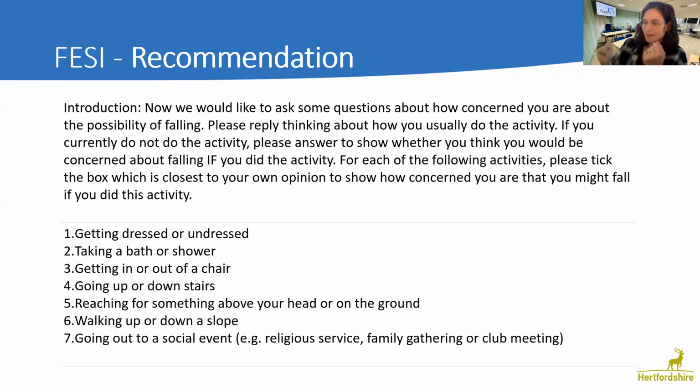You tick the box which is closest to somebody's own opinion on how concerned they might be. So you've got those 7 items there to do with everyday activities. Have a little read, and I'll go through the scoring and what that means. There is a longer one, but the short one is also recommended, so it's okay to use.